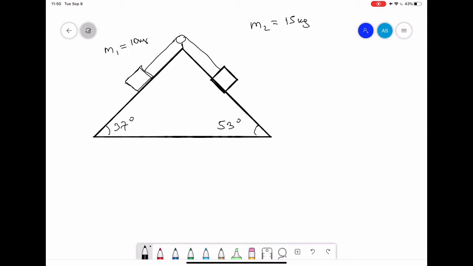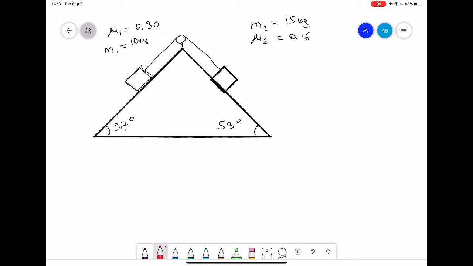Now we also know that mu2, the coefficient of kinetic friction on the right side, is equal to 0.16, and on the left side, the coefficient of friction is 0.3. Okay, now let's draw a free body diagram for the right side, also for the left side.